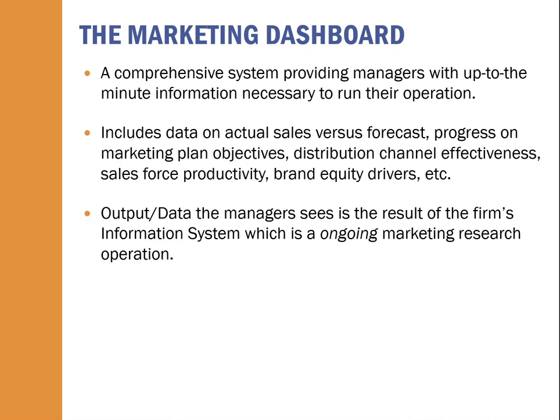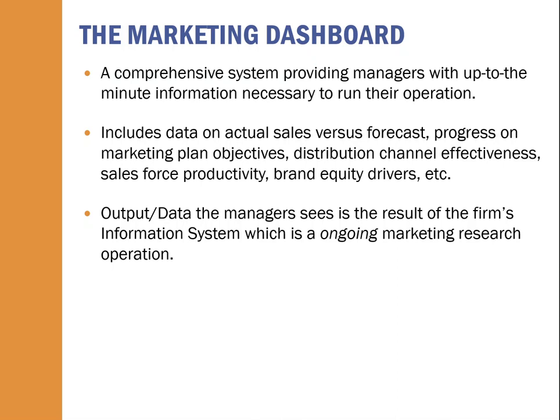Different types of output and data that the manager sees will actually be a result of the data sets and the databases that are designed and populated as a result of ongoing operations, typically. So as business is being performed, data is captured as a result of that business.